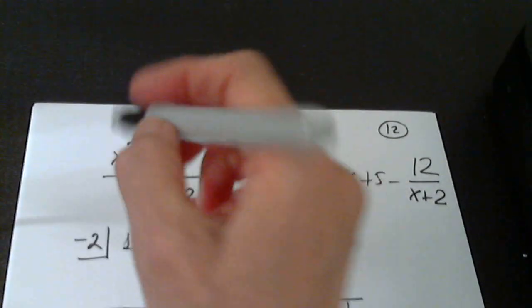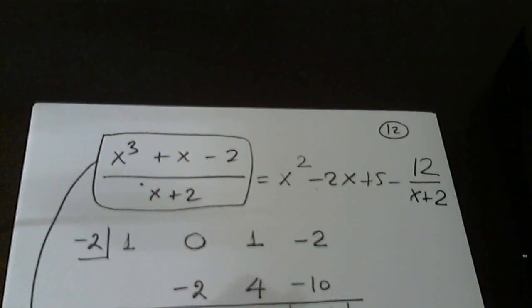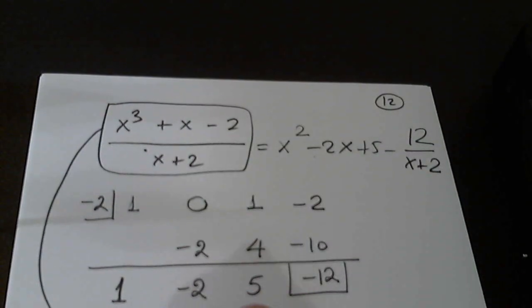Question: how can I find the remainder of this division without looking at the quotient? How can I find the remainder of this division quickly? So the numerator, I'm going to call it p of x equals x to the third plus x minus 2.